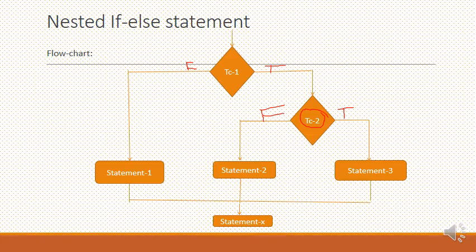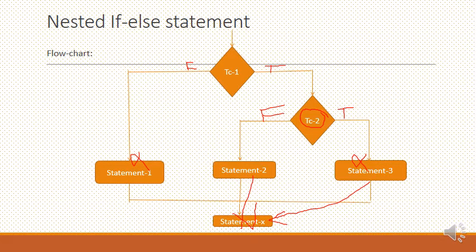If the second condition is true, it executes statement 3 and your control jumps to statement X. Then it is not going to execute statement 1 and statement 2. If test condition 2 is false, it is going to execute statement 2 and then statement X. Then it is not going to execute statement 3 and statement 1. That is very important.